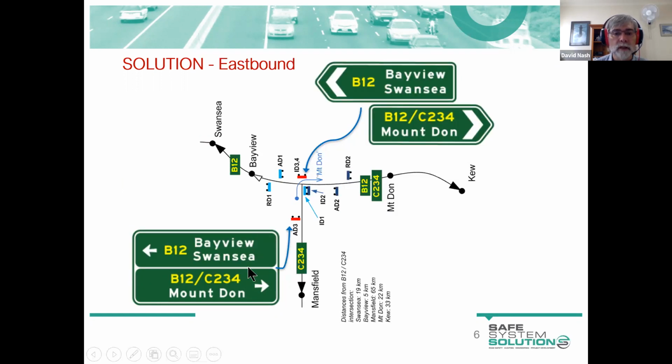I'm talking about this one, aren't I? So when you're on the side road and you come up to the intersection, Mount Don is to the right. You don't need a distance there, and you don't need a distance on these signs because there's an RD sign further down the road, only a few hundred metres down the road, telling you the distance. So if there's an RD sign with distances in that direction, then you don't need the distances on the ID signs.